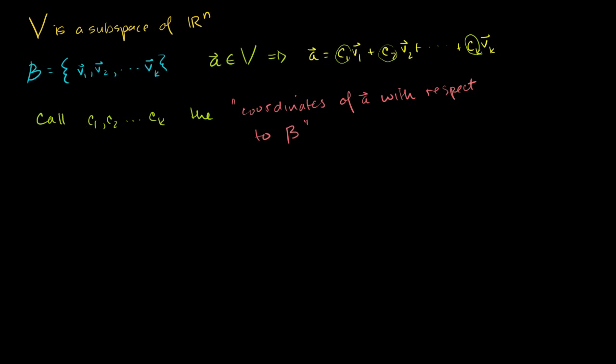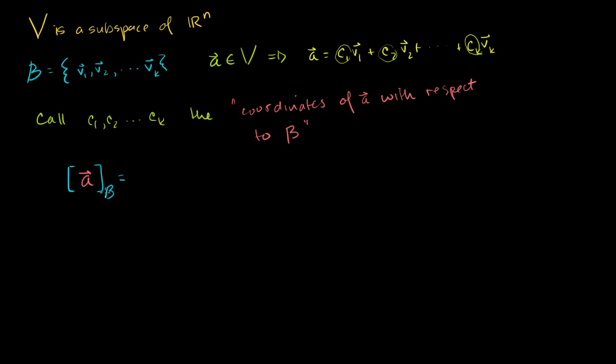And we could also write it like this. I have my vector A. But if I wanted to write my vector A in coordinates with respect to this basis set B, I would write it like this. Put brackets around it and put the basis set right there.